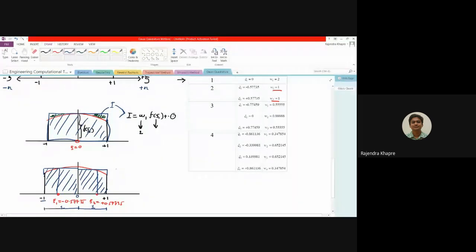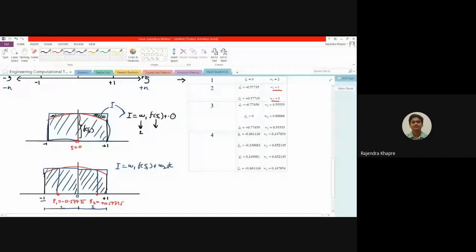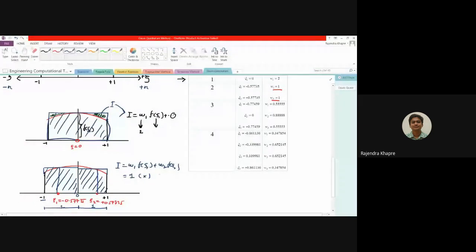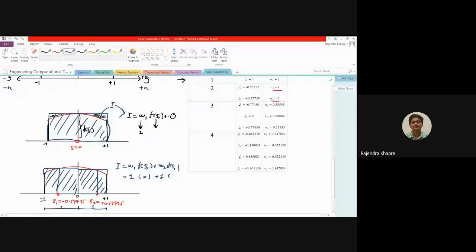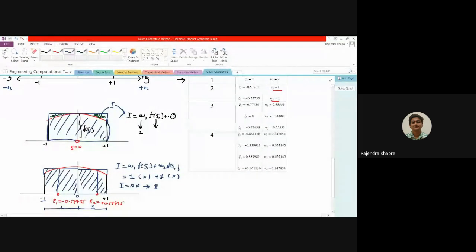So in this particular case, the value of I will become w1 f of xi1 plus w2 into f of xi2. So this value is 1. Okay, this value will be something, and the value of I, whatever you get, will be the exact solution.